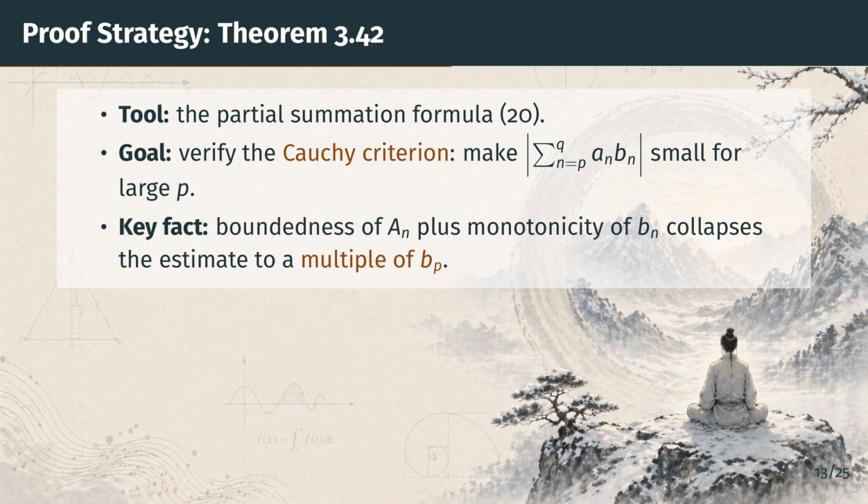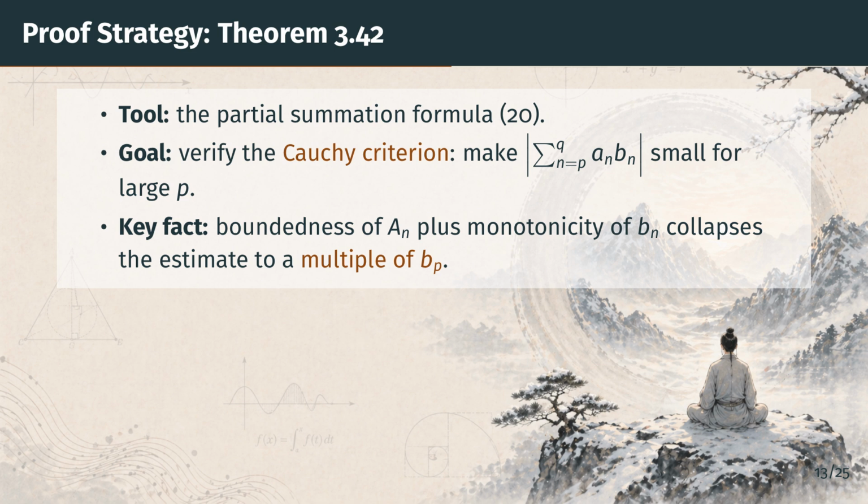Before the formal estimate, here is the plan. The tool is the partial summation formula we just proved. The goal is to show the series satisfies the Cauchy criterion. The tail sum from index P to index Q can be made as small as we like once P is large enough.